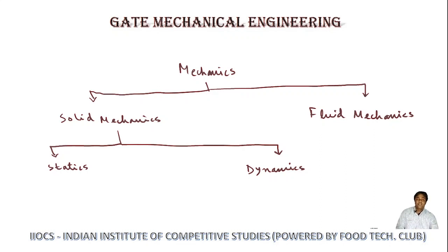Statics is that branch of solid mechanics in which the body is always in rest condition. Rest condition means the body is in stationary condition, the body is not moving. That is the part of solid mechanics where force analysis is done on a body which is at rest. And what is dynamics? Dynamics is that part of solid mechanics where the body is in moving condition.